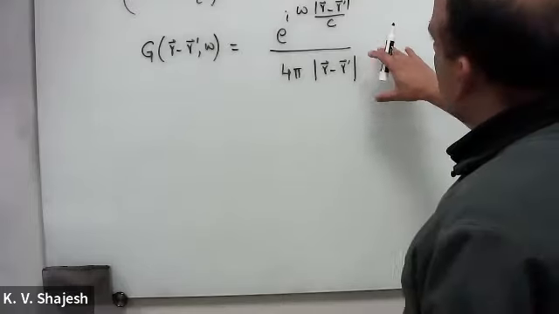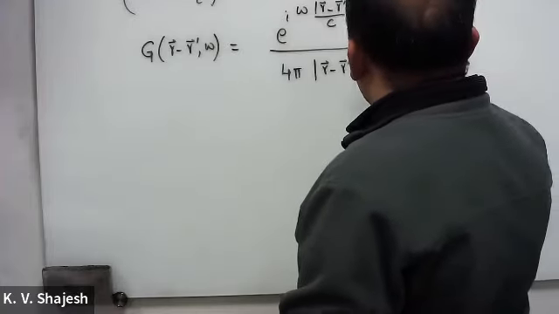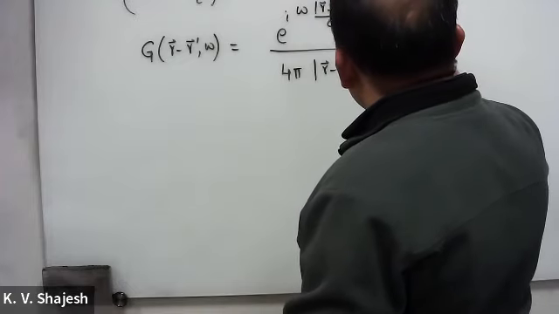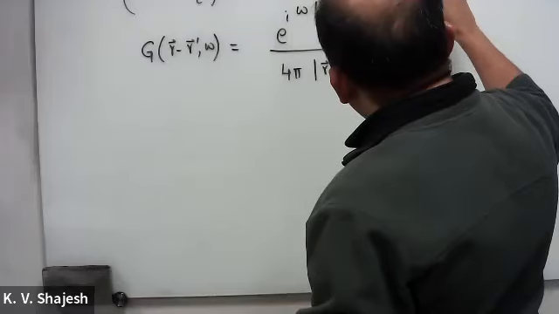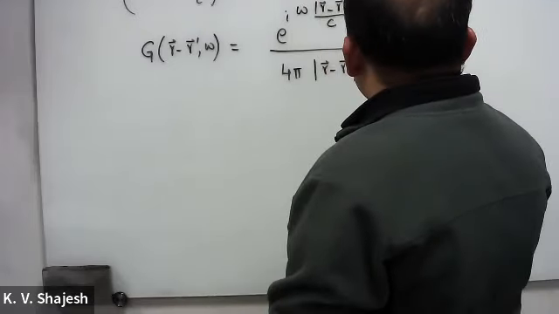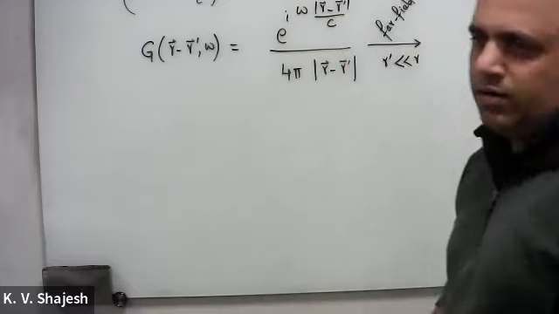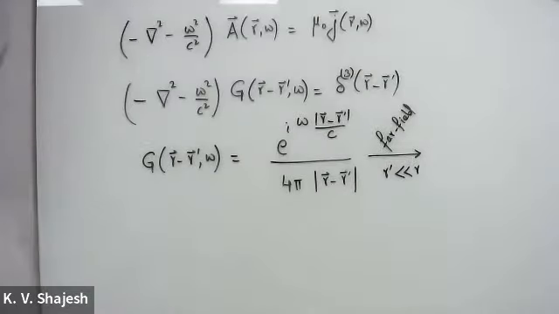This is the total Green's function in the radiation, or far field, approximation. So this is the far field approximation. That means all the R prime is very much smaller compared to R. As a length, this is really small.